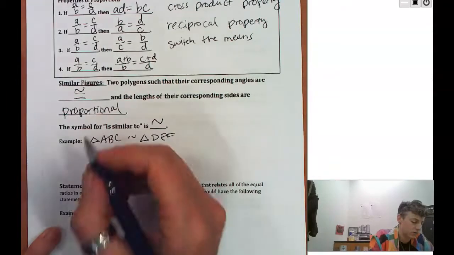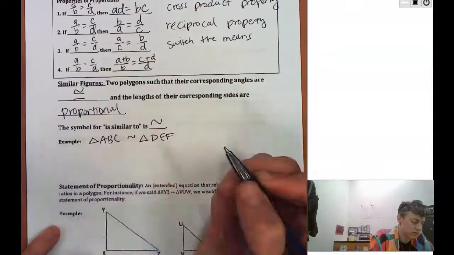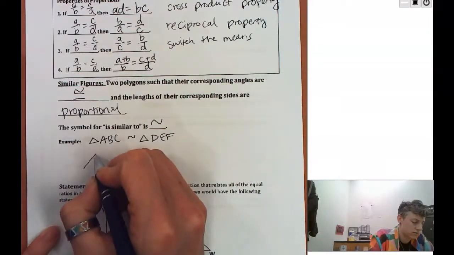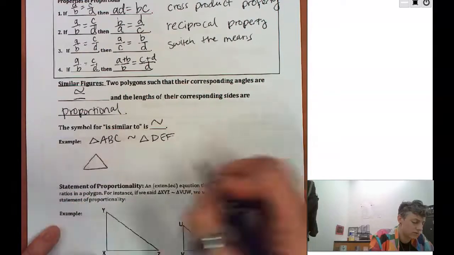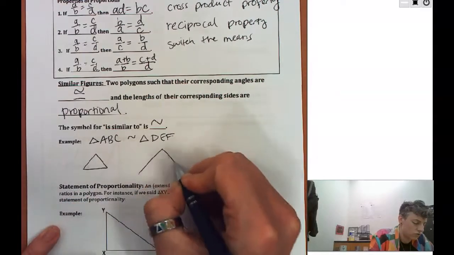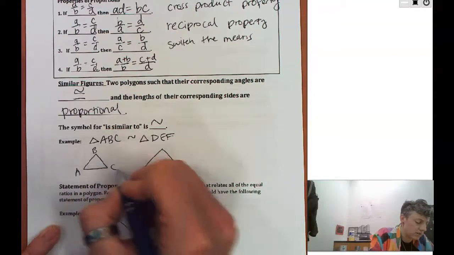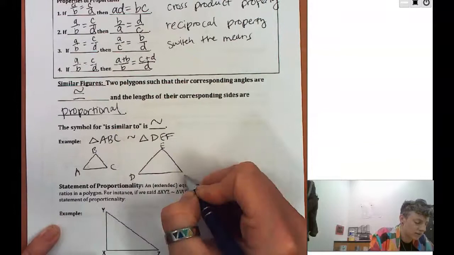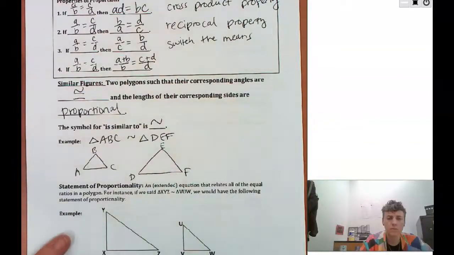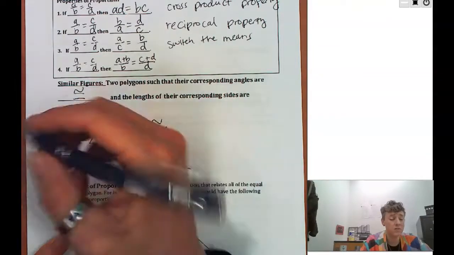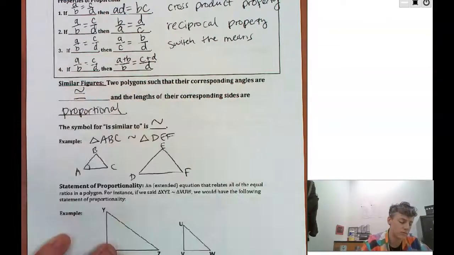And let's go ahead and draw some similar triangles. Call that guy ABC. Let's call this guy DEF. If they're going to be similar, their corresponding angles need to be congruent. So A needs to be congruent to who?